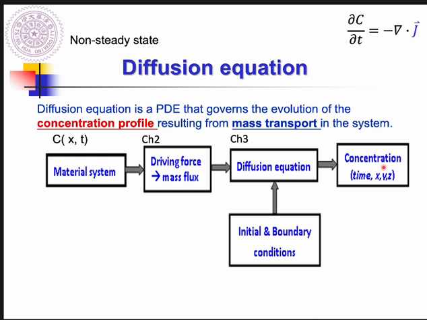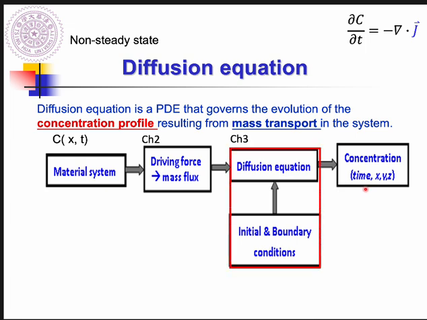So in this type of system, you need to find out what the material system is and how many driving forces drive this mass transport. Then that will help you to formulate the diffusion equation, and with its initial and boundary conditions, you can figure out how the concentration changes with location and time.